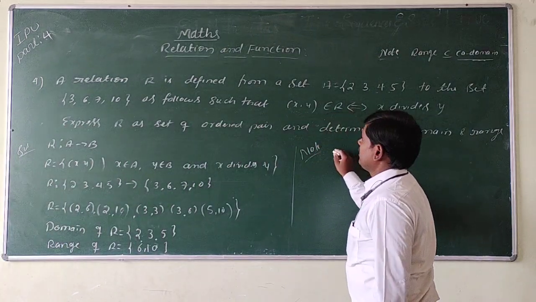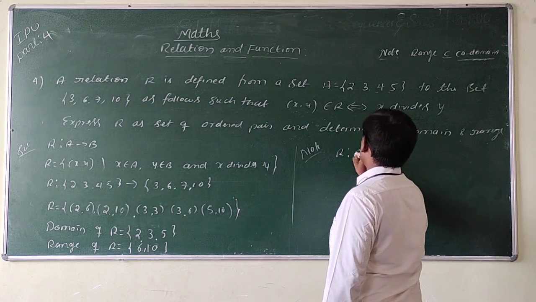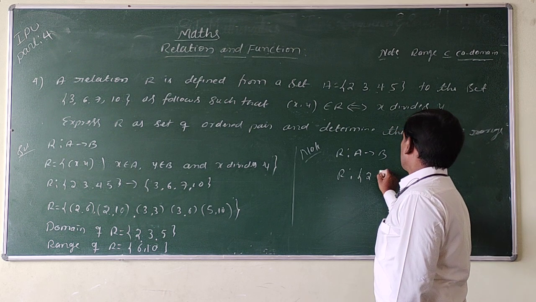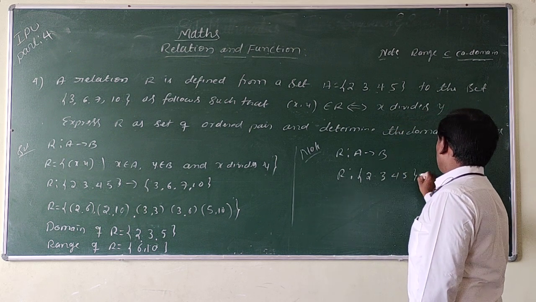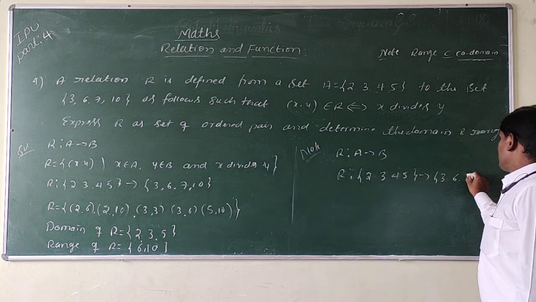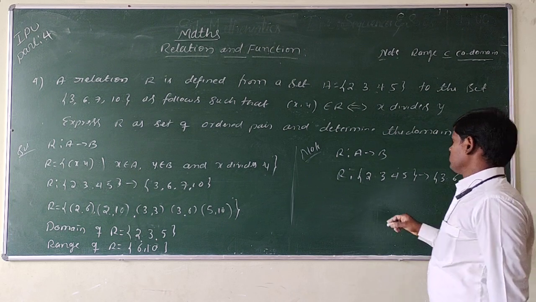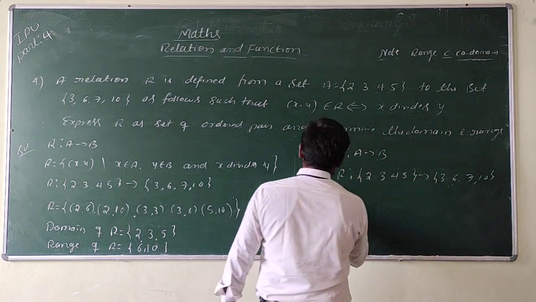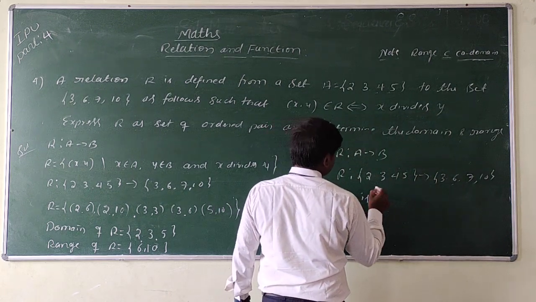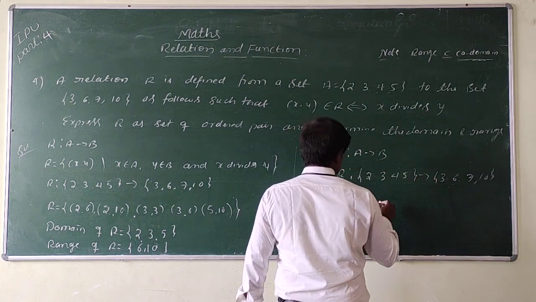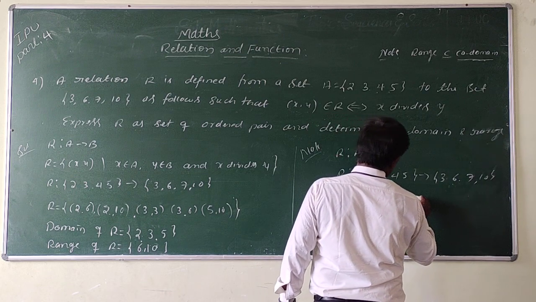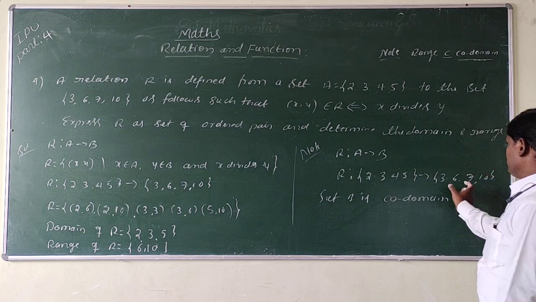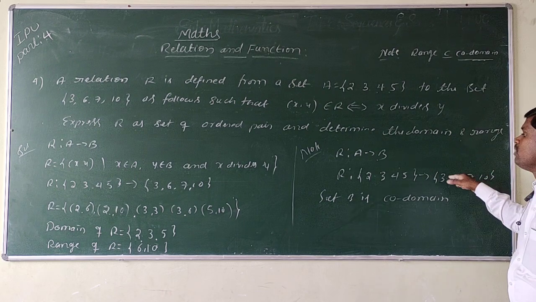Note here, R is from A to B. So B is 3, 6, 7, 10. Okay, so this is the whole set B. The whole set B is the codomain. So the range, 6 and 10, are elements of the codomain. So the range is a subset of the codomain, 3, 6, 7, 10.